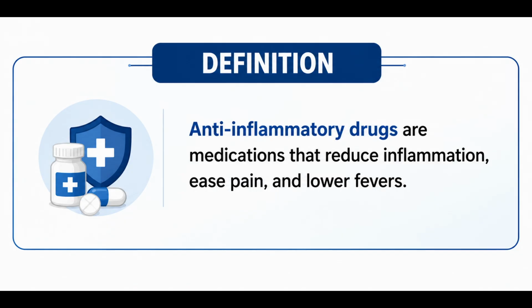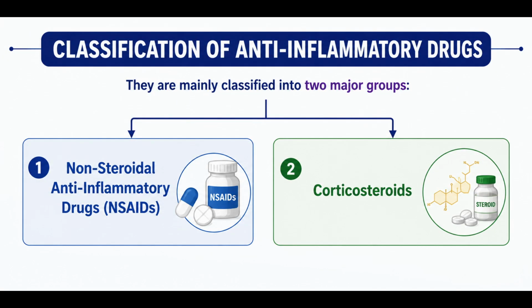Anti-inflammatory drugs are medications that reduce inflammation, ease pain, and lower fevers. Anti-inflammatory drugs are mainly classified into two major groups. First, non-steroidal anti-inflammatory drugs, that is NSAIDs, and second, corticosteroids.